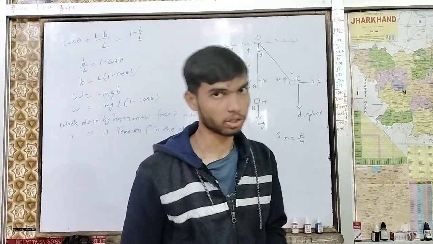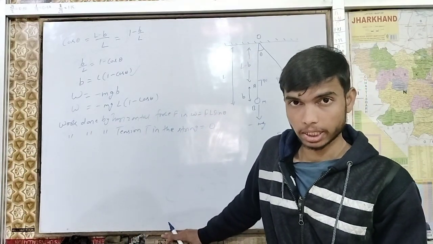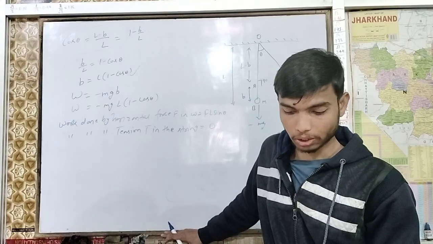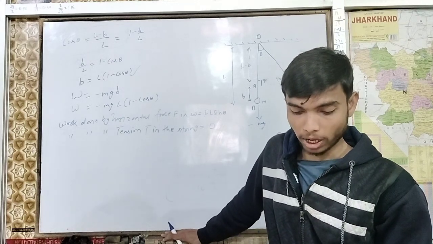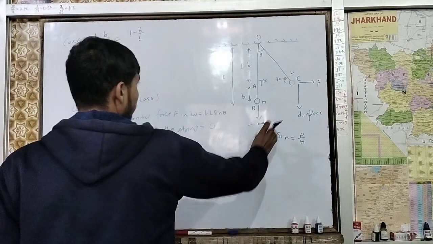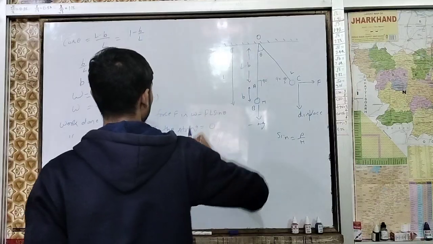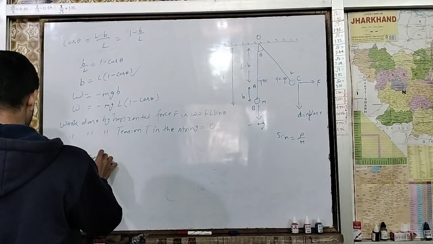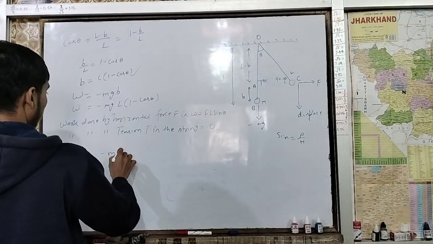Work done by gravitational force in pulling a rod. If a string is pulling a uniform rod of mass m and length l through an angle theta, say this is the rod from here to here and the string is pulling it, then the work done will be minus mg, since it is going upward, times L upon 2.